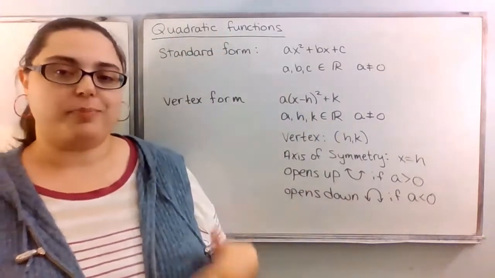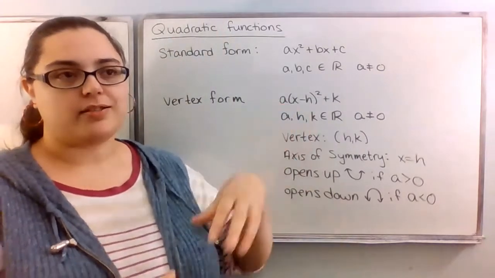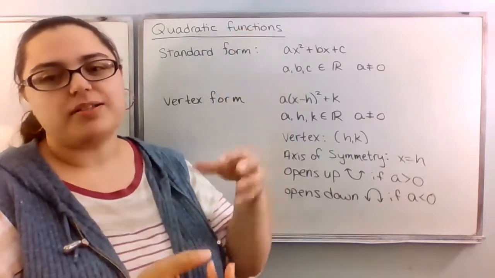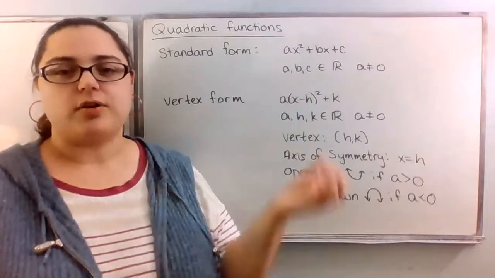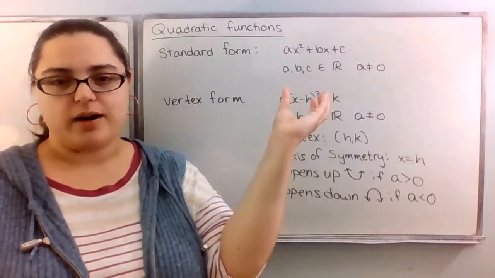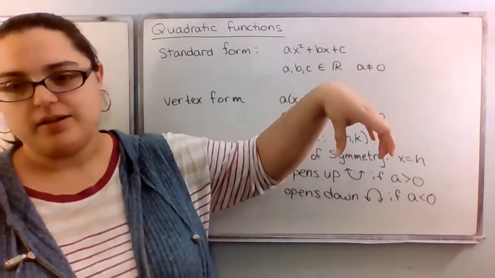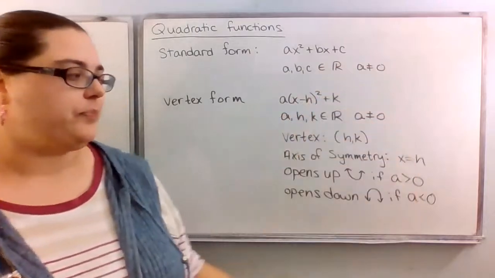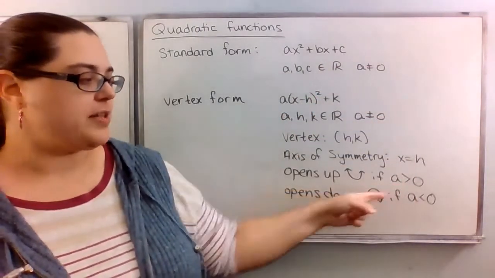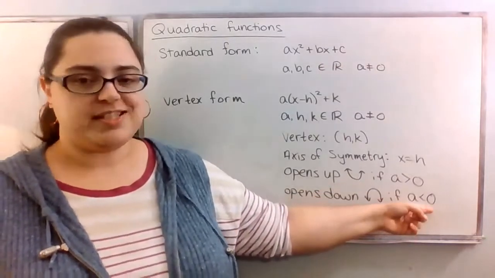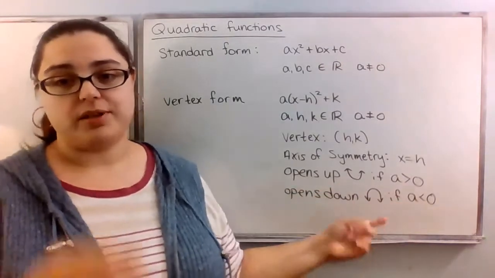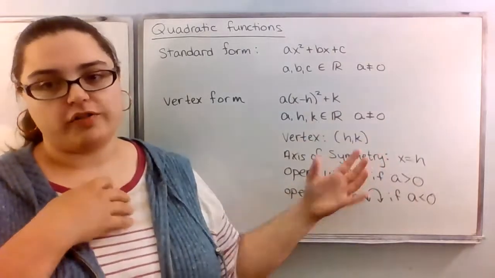If I multiply it by a negative number, that could be a stretch or a compression, but also the negative is going to reflect it. So our normal parabola of x squared will be reflected to become negative x squared. That's why if that coefficient is positive, we open upwards just like x squared, and if that coefficient is negative, we open downwards because we'll have done that reflection over the x-axis.